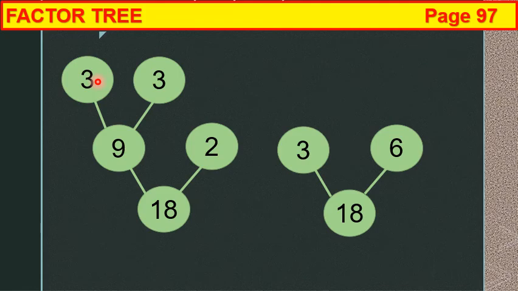So with this, the 3's are leaves which cannot be divided further. This 2 is also a leaf because it also cannot be divided further.